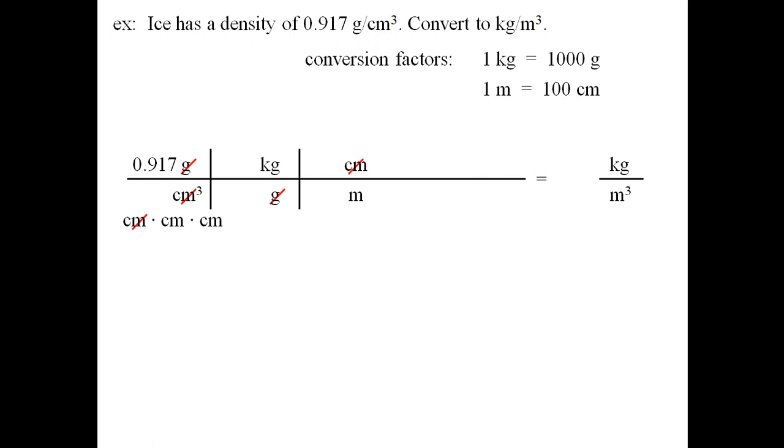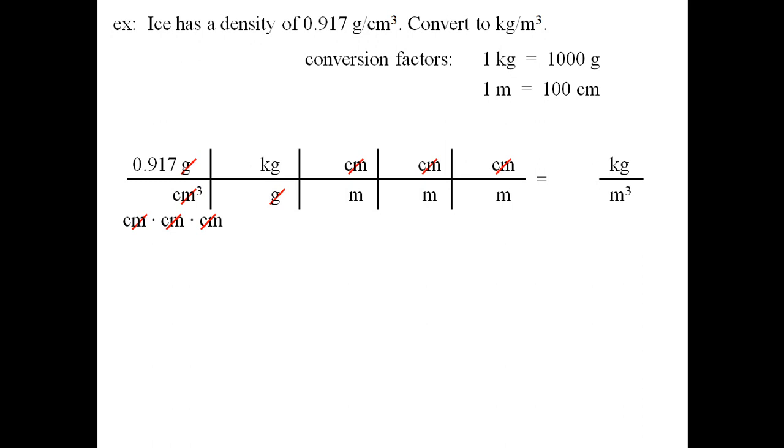I'm only canceling out one of the dimensions, say the x dimension. I have to do this again to cancel out the y dimension, and then a third time to cancel out the z dimension. So we have to do this 3 times to cancel out each of the centimeters in the original unit.